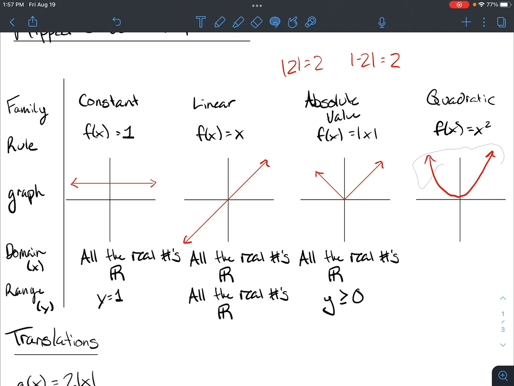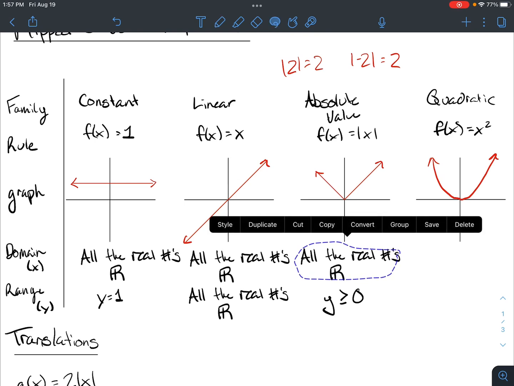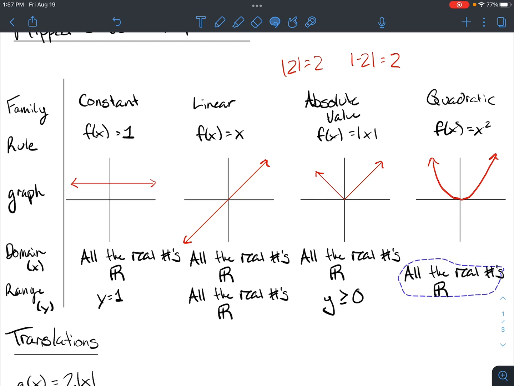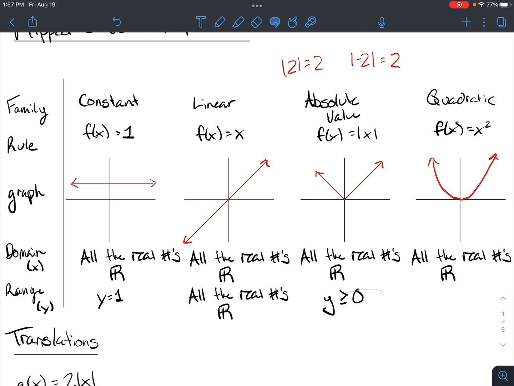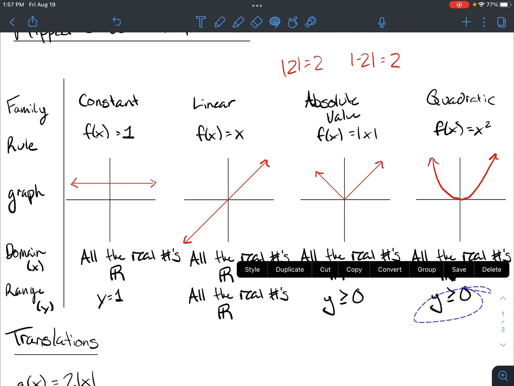Let's move this down so it actually touches 0. Once again, this is going to touch all of the x values, but our range is going to be y greater than or equal to 0.